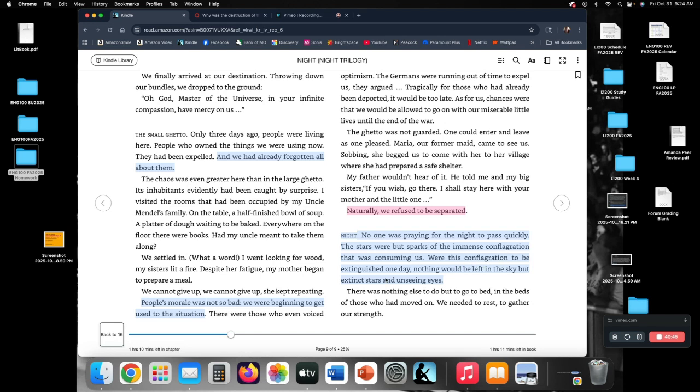"Were this conflagration to be extinguished one day," so even though the fires have stopped, "nothing would be left in the sky." So there's the symbol of the stars as the Jews themselves, the metaphor, but "extinct stars and unseeing eyes." So the Jews being extinct, we know some of them survived.